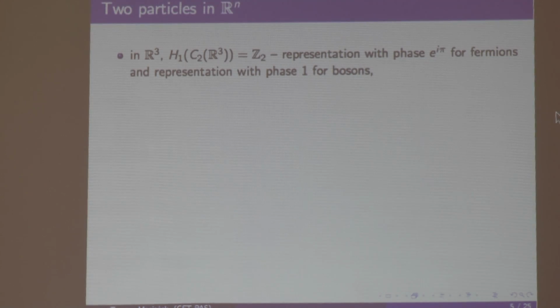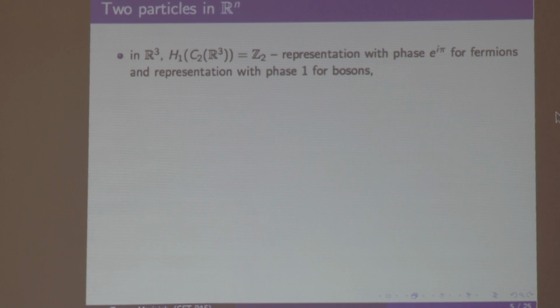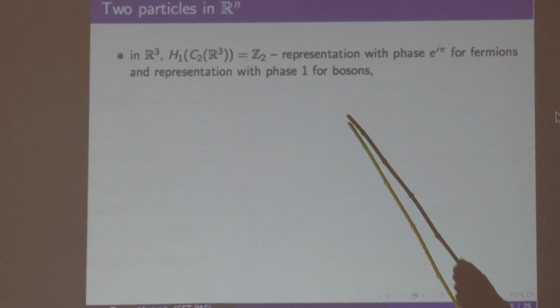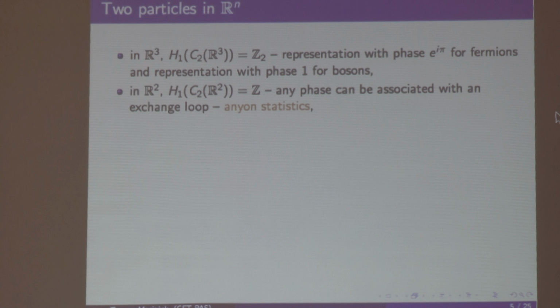So what happens when you take R3, not just the plane, is that the first homology group is Z2. It means that there are only two abelian representations: one with phase e^{iπ}, which corresponds to fermions, and one with phase 1, which would describe bosonic symmetry functions.